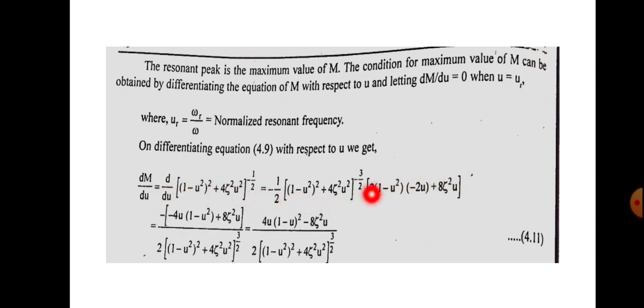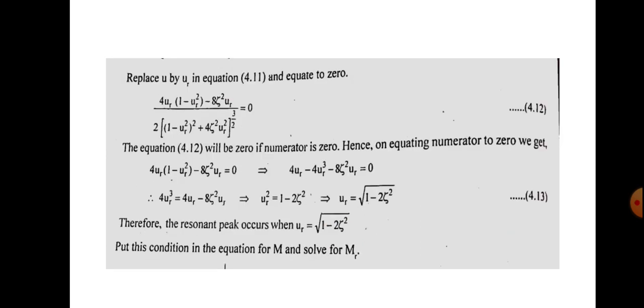So this is a simple derivative equation, and finally we got the equation like this: 4u into (1 minus u square) minus 8 epsilon square into u, divided by 2 into ((1 minus u square) all square plus 4 epsilon square into u square) all raised to 3 by 2. So we have to put the condition for maximum value, that means the first derivative will be equal to 0. So we can equate it to 0.